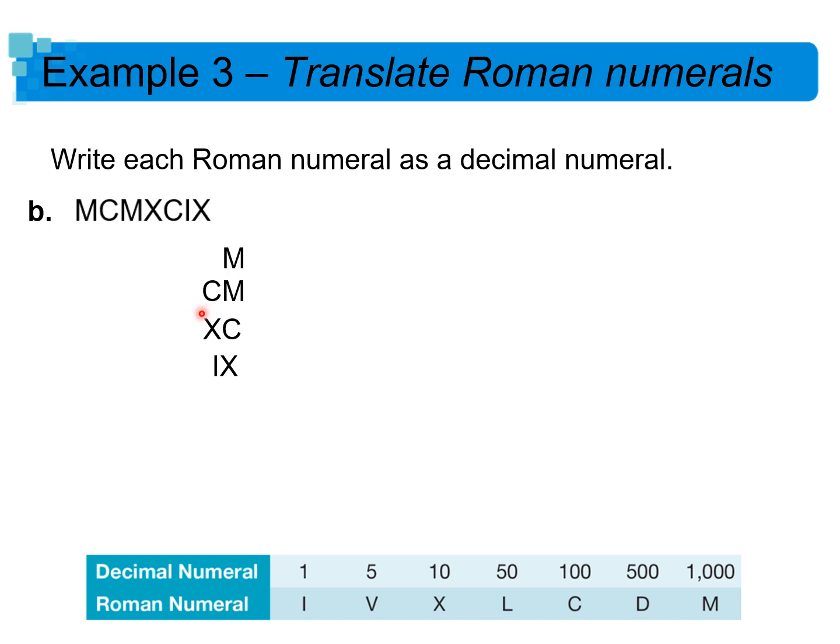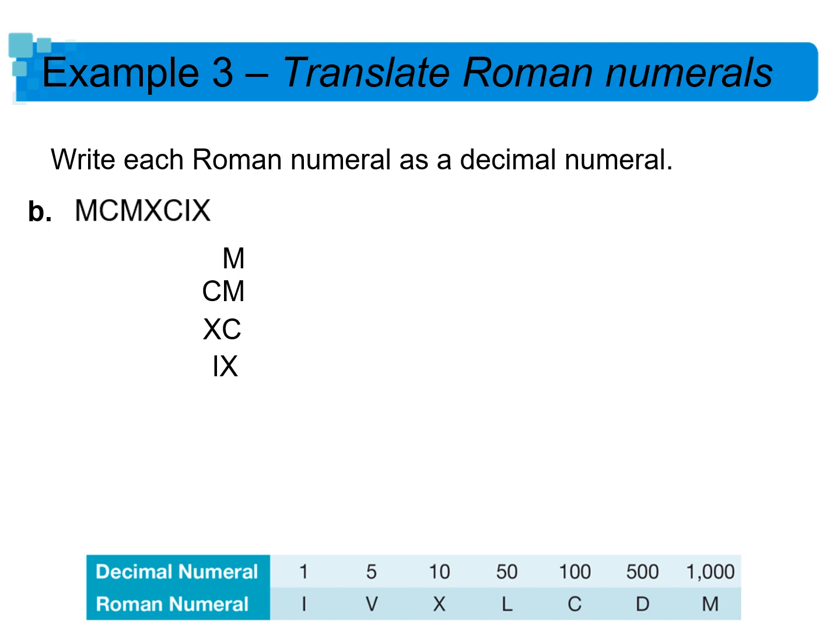The reason I did CM is because I started out with M and then I noticed that the next one was a C, so I went backwards, which means I'm going to use the subtraction principle. So I grouped C and M together. Then I had XC and I went backwards again, so I grouped those two together, and I went backwards again, so I did IX. That's how I know how to group these together.